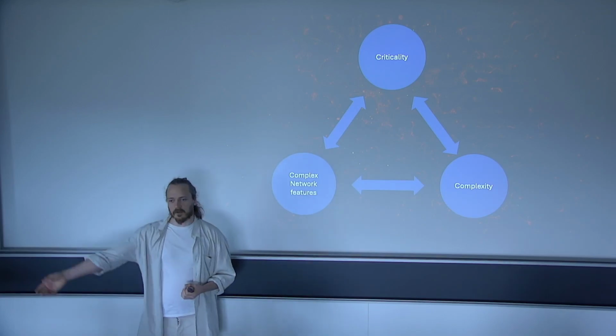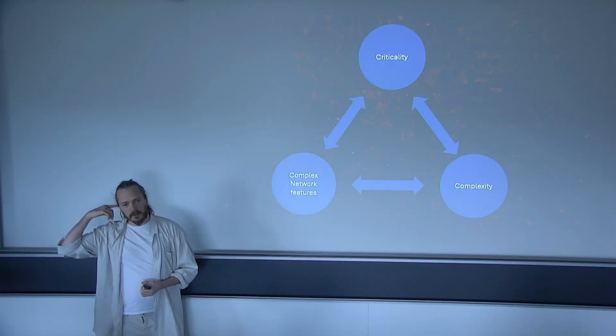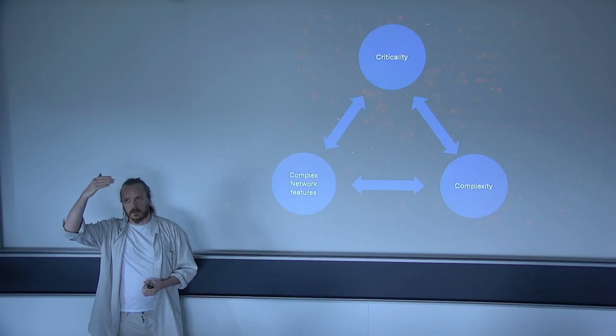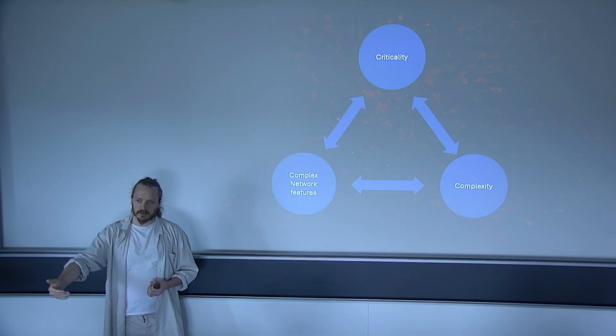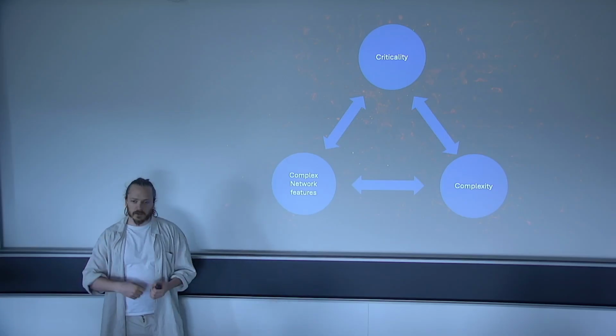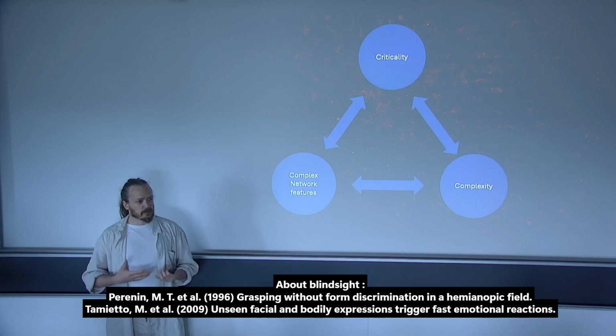That's if you have your primary visual cortex damaged, you're consciously blind to what's located in that area of the visual field. If someone asks you, you don't know what's there. But if there's a cup, your hand can grab it. If there's someone smiling, you will empathically smile with them. So the processing of it is there, but it's not conscious.